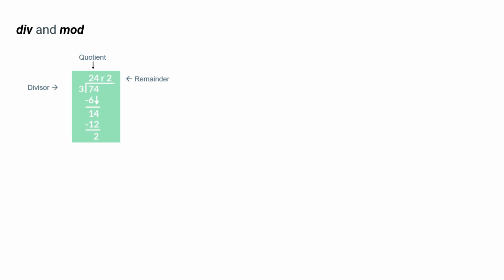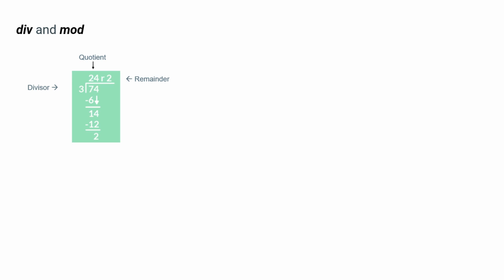One of the things that we learned is that we could just stop there and say there's a remainder of 2. There were other ways to go about it, and we could go further, but in this case, let's just talk about stopping with that remainder.